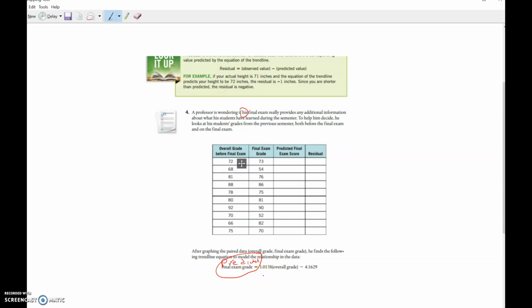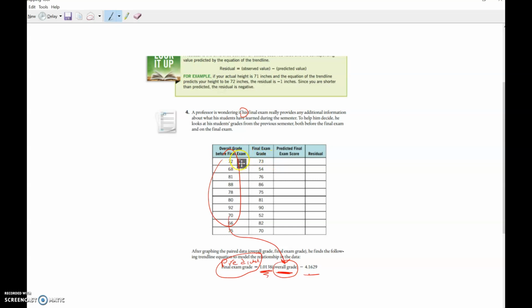And the formula they have is this coefficient times their overall grade, and then minus that. All right. So if you think of the chart, the overall grade, we're going to put each of those numbers in there one at a time. So we're going to take this, multiply by the overall grade, subtract this, and then we're going to get a predicted final.